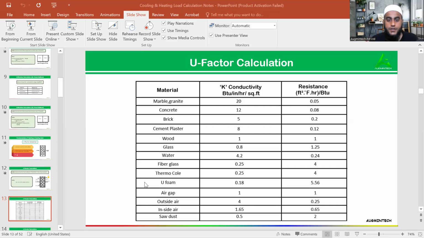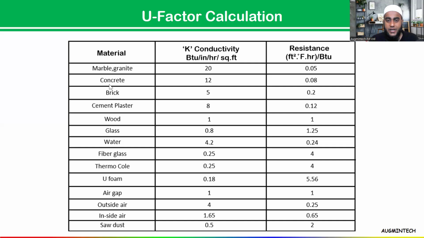Okay. Now see, here I have taken some materials from the ASHRAE standard. If you have a different material, you can go through that. For example, if you have a brick wall, the conductivity is also given, and the resistance value is also given.